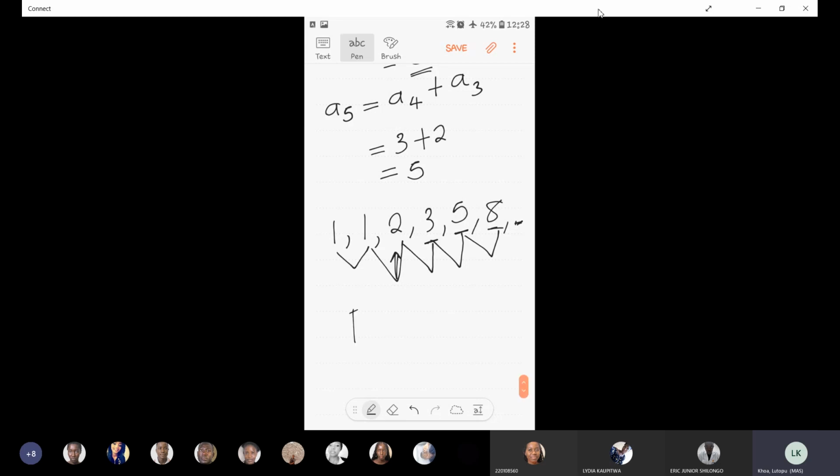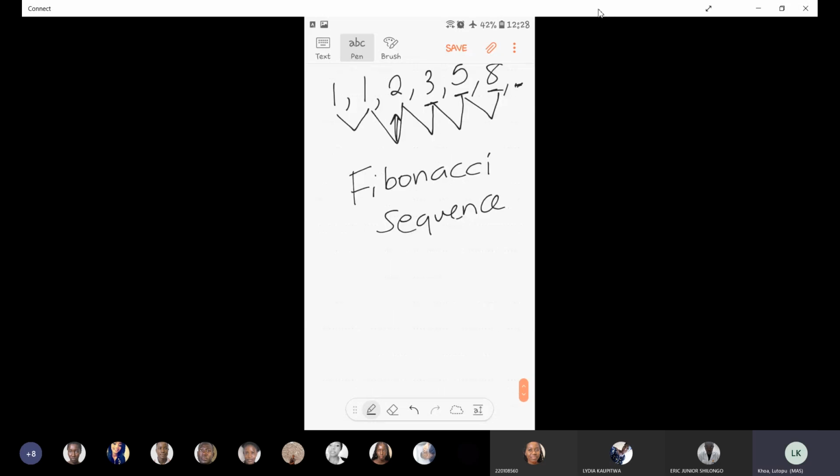This is what we call the Fibonacci sequence. You might have heard of the Fibonacci sequence before. It has some very interesting properties that we use in mathematics. You can go and see why this Fibonacci sequence is so interesting, and why we actually study it.